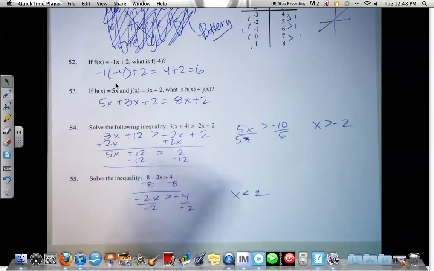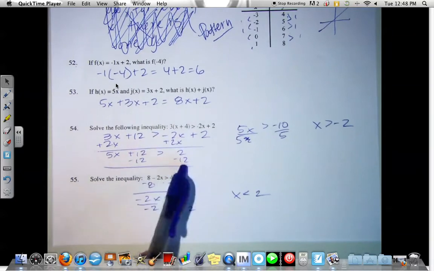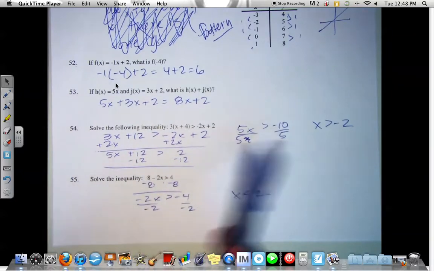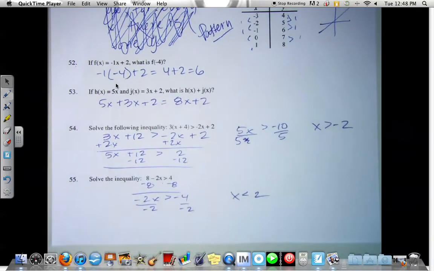Add 2x to both sides, subtract 12 from both sides, and then divide by 5. X is greater than -2. And 55, subtract 8 from both sides, divide by -2, flip the sign, x is less than 2.